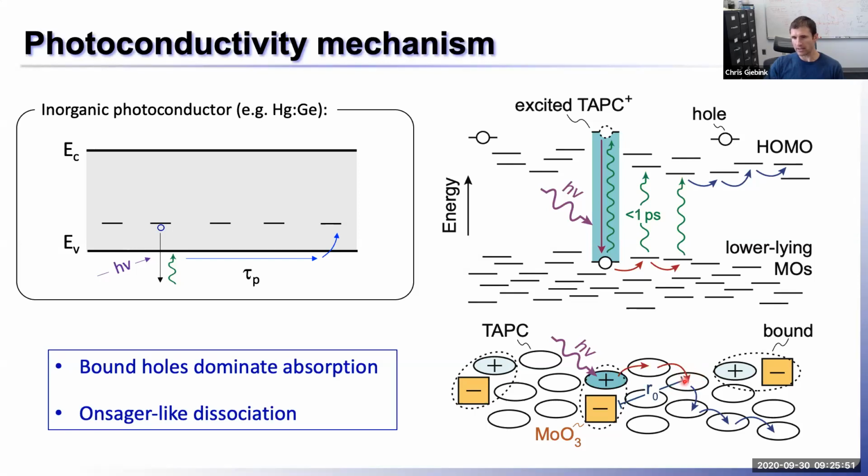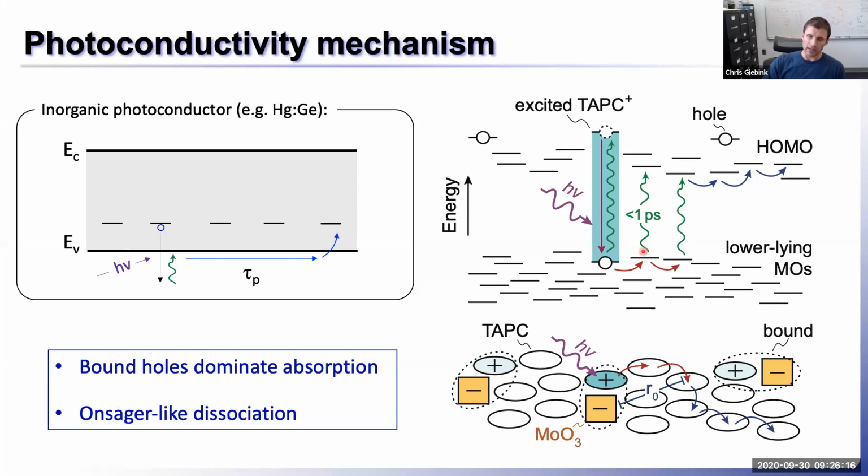Then depending on temperature and electric field, that'll determine the probability that this hole fully dissociates and goes off to hop on and contribute to photocurrent, or maybe it gets pulled back and rebound into this charge transfer complex. So it's an Onsager-like model, and it's really charges getting kicked away from their counterions by photon absorption.